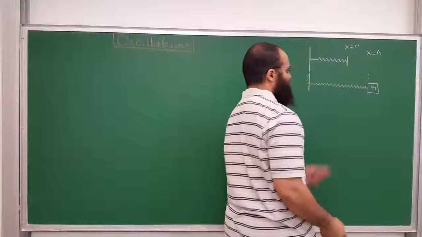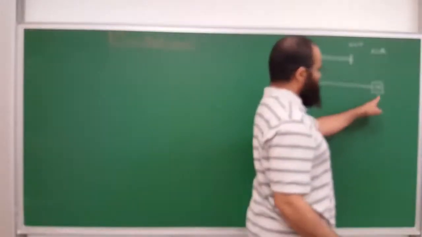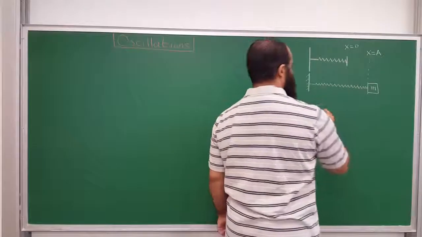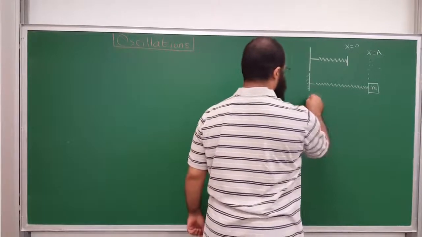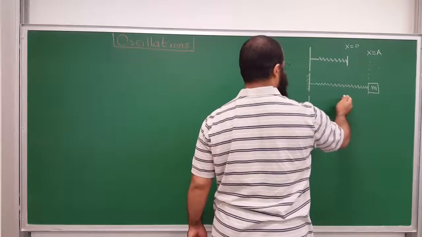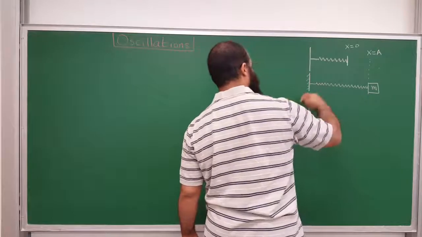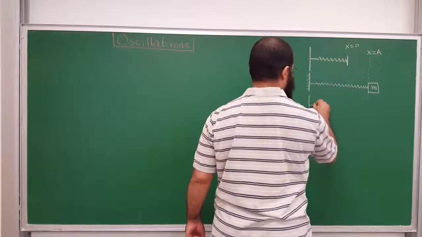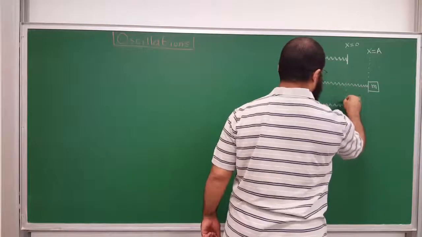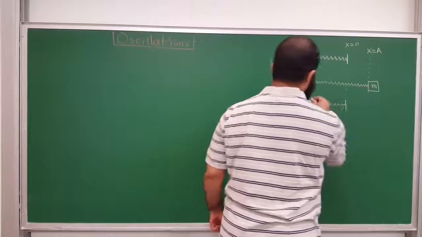The mass is m. So you pulled it. When you let go, remember when you stretch the spring to the right, it wants to pull you back to the left. So there is a restoring force. So what it does is it will start pulling you and accelerate you until you pass through the equilibrium, and then you overshoot, you go to the other side. So when you get to the equilibrium here, you will have the maximum speed.